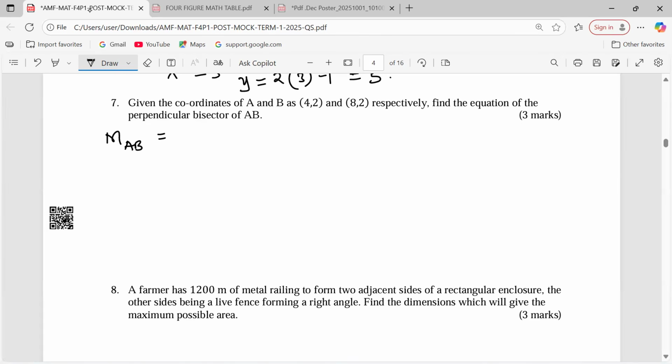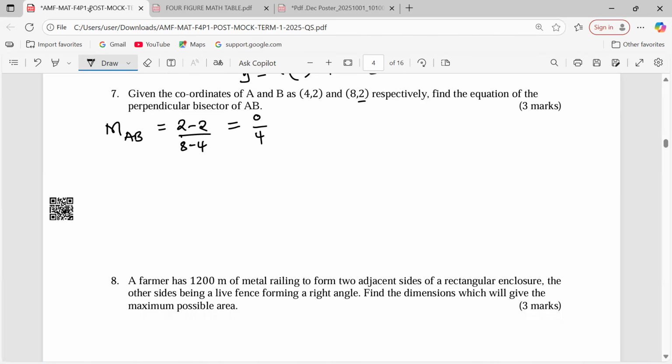The gradient of AB shall be 2 minus 2, change in y, over change in x, 8 minus 4. So this now shall be 0 over 4. Then now we can talk about the gradient of the perpendicular line, which is our gradient 2.